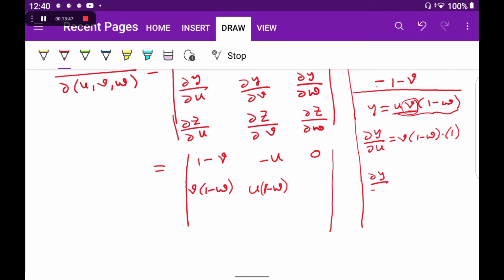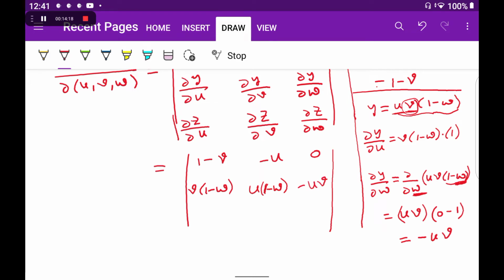Now dou y by dou w is dou by dou w of uv into 1 minus w. Here we are differentiating with respect to w. uv is treated as constant. Derivative of 1 minus w is 0 minus 1. Constant derivative is 0. Derivative of w with respect to w is 1. So minus uv. Coming to z, the derivative of z with respect to u.